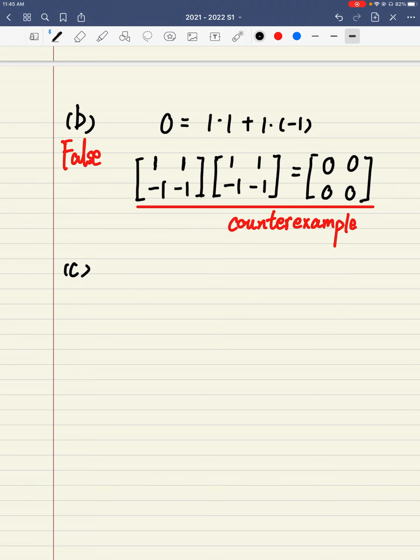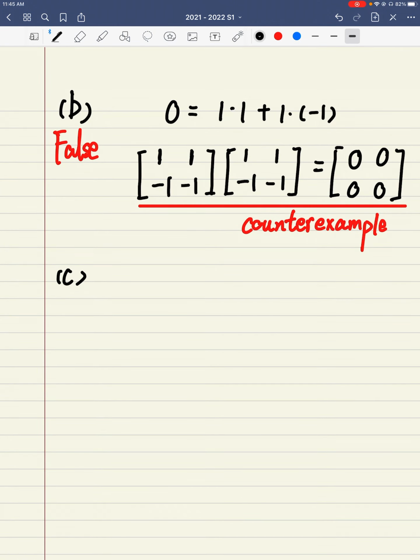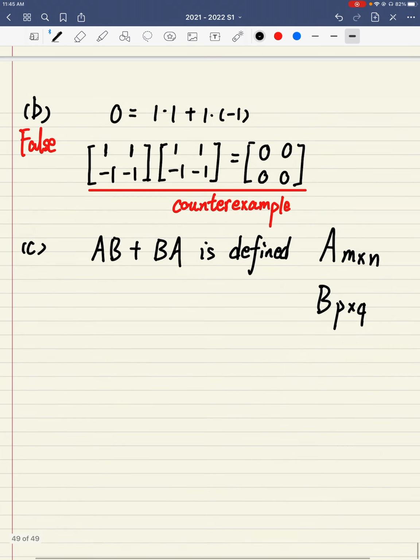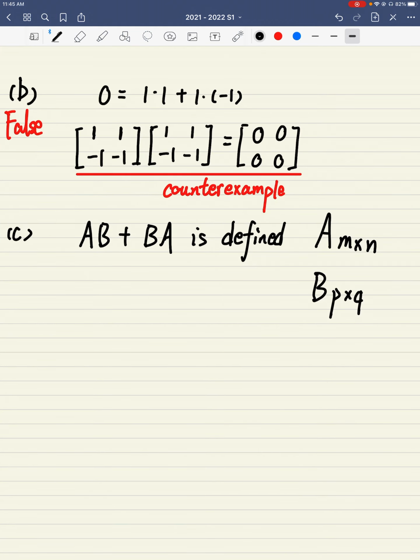So let's see when AB plus BA is defined. Let's say A is an M by N matrix, with M rows and N columns. B is a P by Q matrix, with P rows and Q columns. AB plus BA being defined means three things.